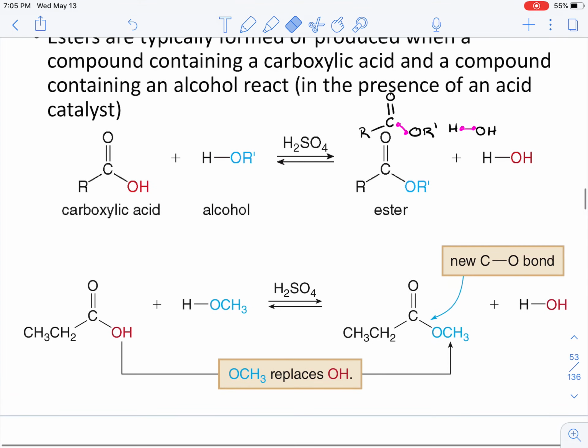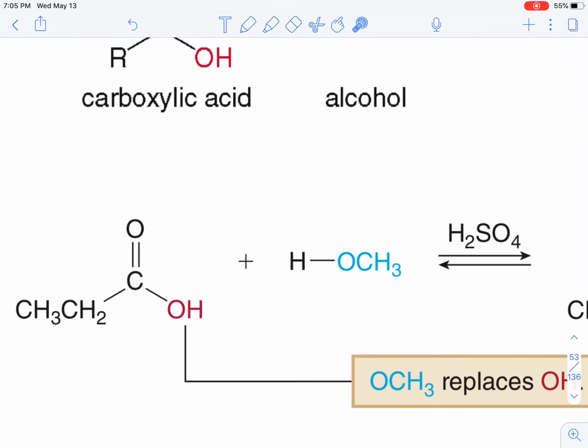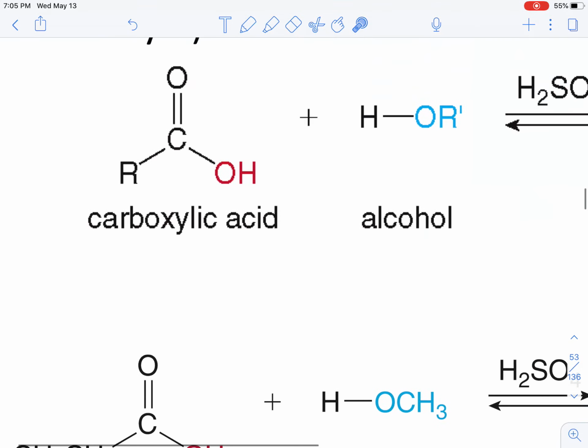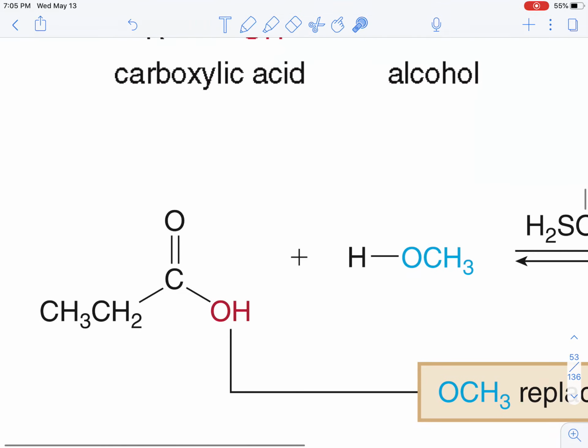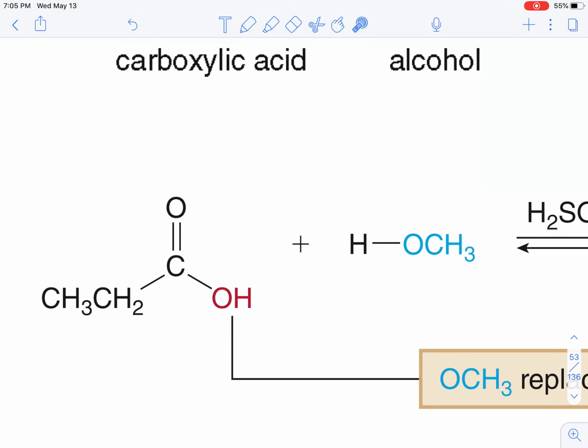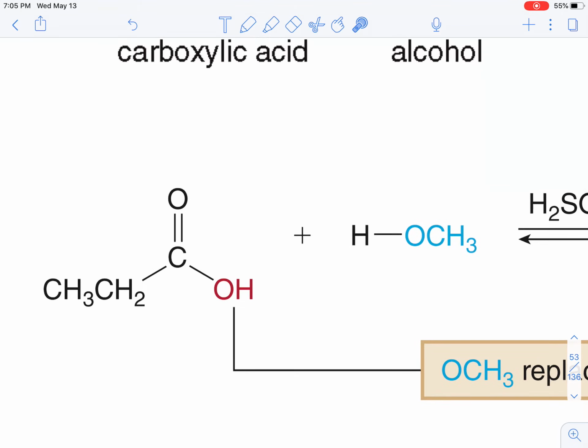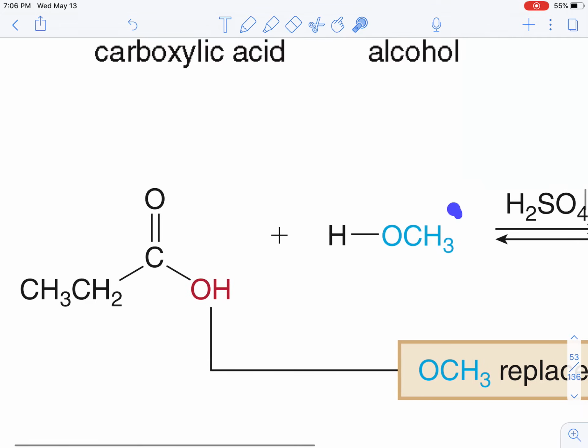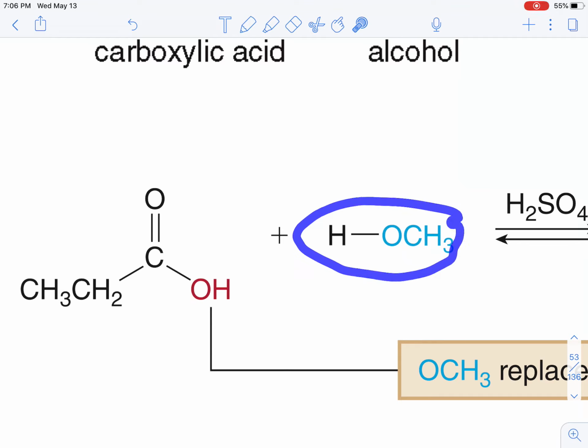And so the example at the bottom, instead of putting in R groups and stuff, is showcasing a specific number of carbons. And so here we have a 1, 2, 3 carbon compound. And since this is a carboxylic acid, we know that the name of this organic compound is propanoic acid. Here, this alcohol is a 1 carbon alcohol. So this is methanol.